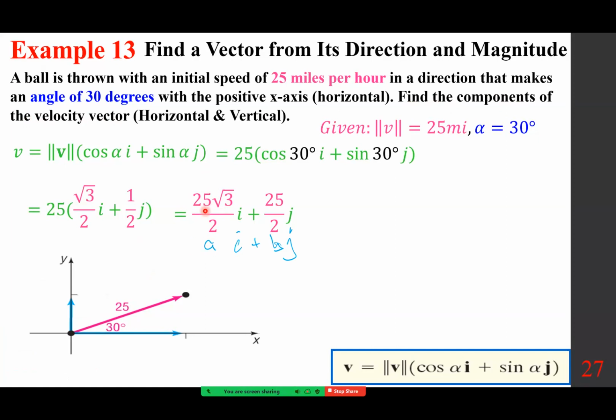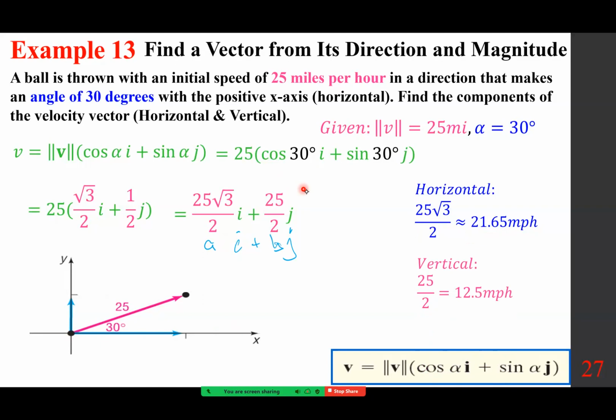The horizontal component is 25 square root of 3 over 2, and the vertical component is 25 over 2. The horizontal component, if you use a calculator, is about 21.65 miles per hour. So if it's moving 25 miles per hour in this direction, the horizontal component has this speed, and the vertical is 25 over 2 or 12.5 miles per hour.